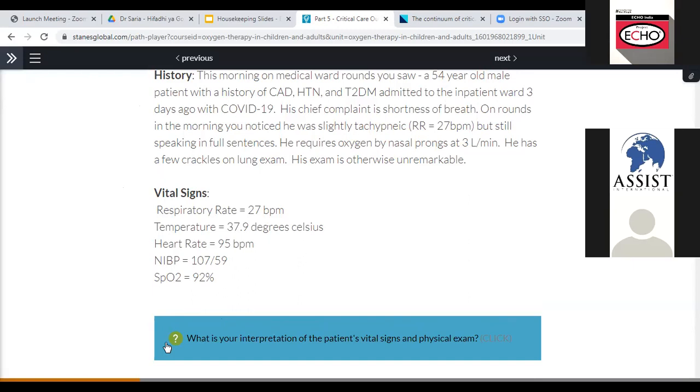Just write on the chat box. Karibuni, anataka tu muandike tufanye interpretation kwamba hivi vital signs na assessment iliyofanyika vinamaanisha nini. Just write on the chat box, what do you think? How would you have interpreted these findings?